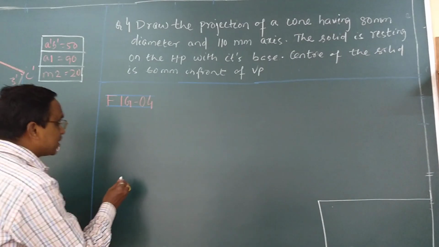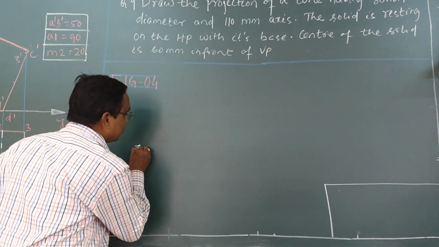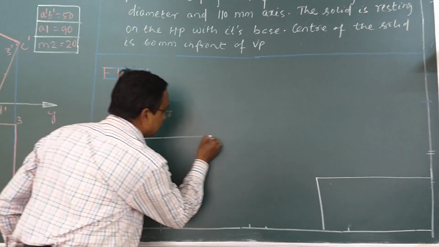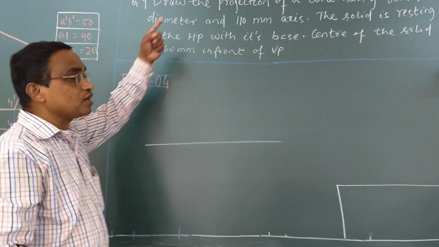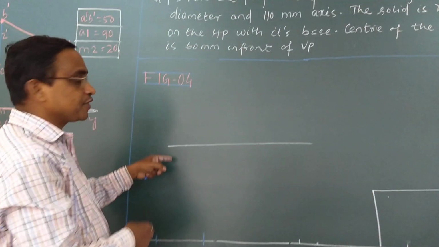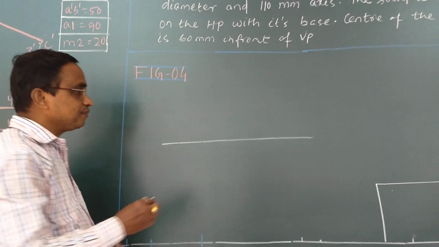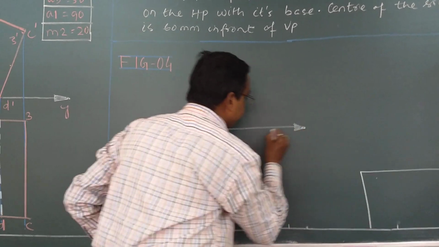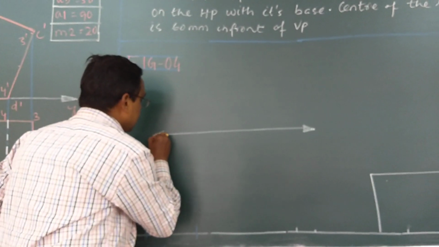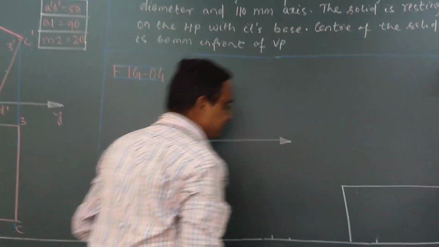You draw the XY reference line in the middle of block number 4. This is your block number 4. Always you write the question in your copy and you draw the figure in your drawing sheet. Left side gap is 20 mm and the length of XY you take 120 mm because on the right side you have the title box, so on the right side you take maximum gap.